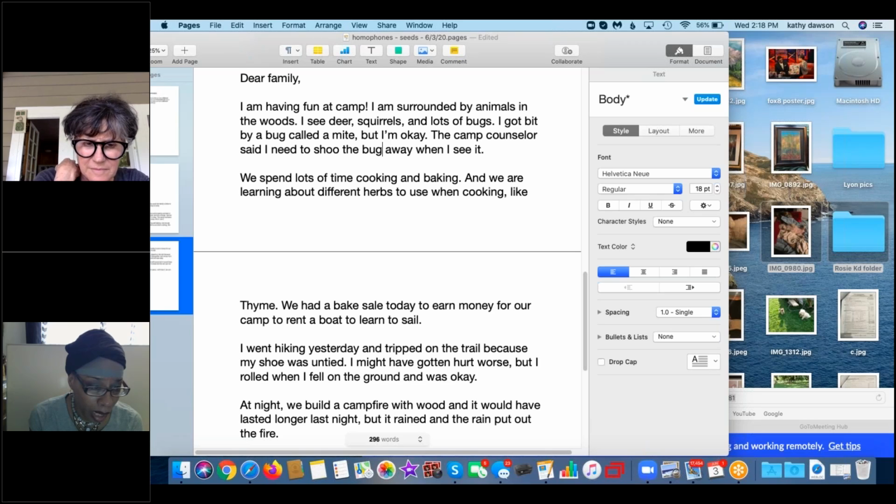And then at the bottom of the one I just read, it says I might have gotten hurt worse, but I rode when I fell on the ground and was okay. It's in the first sentence of the one you just read.